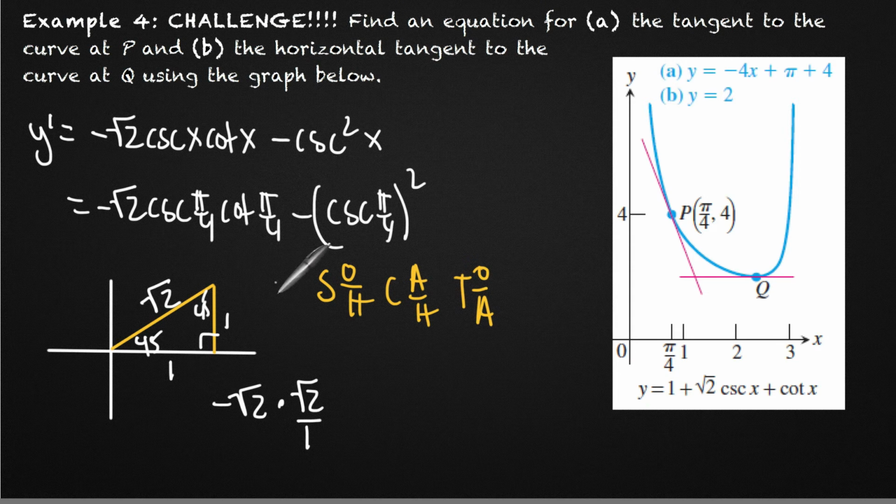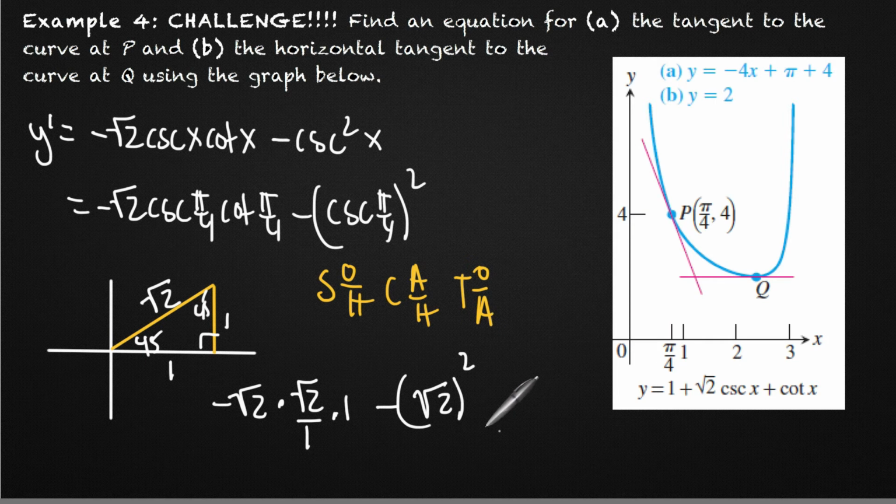Cotangent of pi over 4 is the reciprocal of the tangent. So if tangent is opposite over adjacent, then cotangent is adjacent over opposite. So that's just going to be times 1. And then minus cosecant of pi over 4, we already established was root 2.